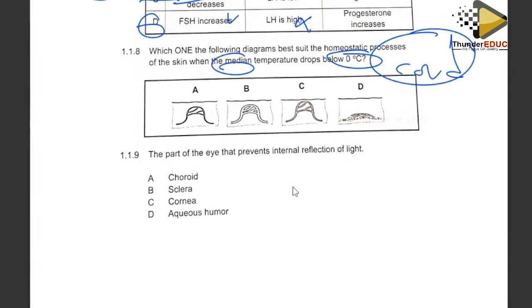So the blood vessels, the capillaries, remember when you are cold, the blood vessels are supposed to be very far from the skin, meaning that the shunt is the one which is supposed to completely work without any blood capillaries passing near the skin, because we don't want to lose this heat. You understand? We need this heat so that we can maintain our temperatures, so that we are able to survive.